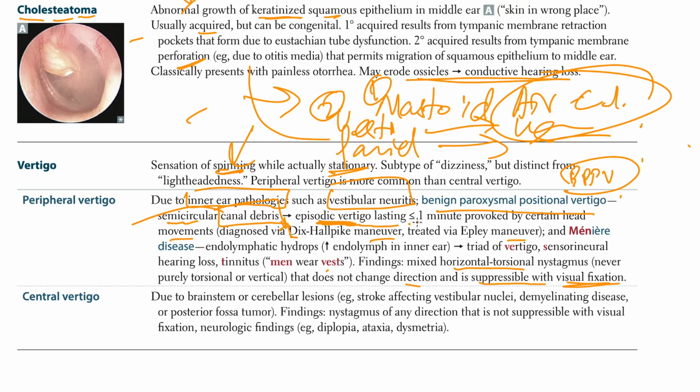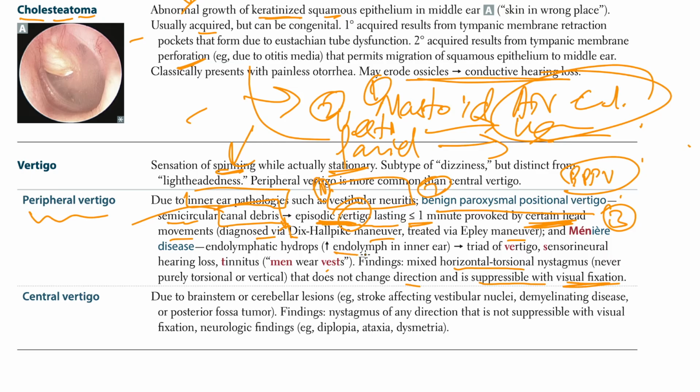Episodic vertigo lasting less than 1 minute, and provoked by certain head movements, because if that debris goes into some place in the semicircular canal, it's going to cause a blockade, and that's going to cause vertigo. So you could diagnose it by Dix-Hallpike maneuver, treat by Epley maneuver. The third is Meniere disease.